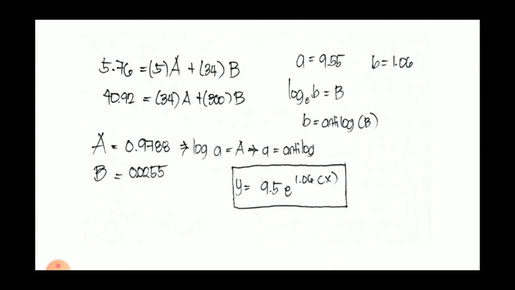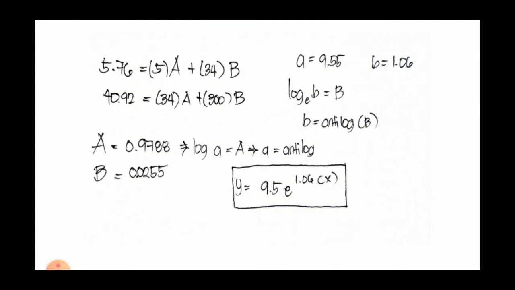You press the equal sign on your calculator. The first value that comes out is 0.9788, which is the value of big letter A. When you press equal again, the value of B is 0.0255.